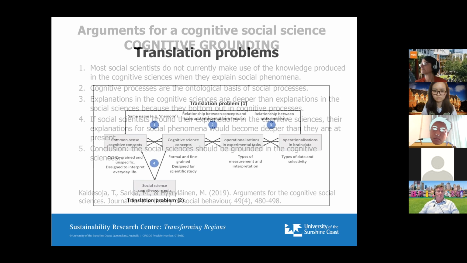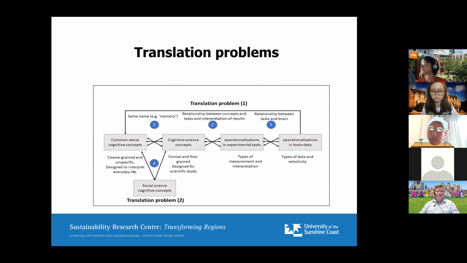So one of the big problems is that there's this translation problem. We might have a common sense idea like emotion, and social sciences have studied emotion, but they're not using cognitive science. So therefore we get ideas like emotion is irrational.